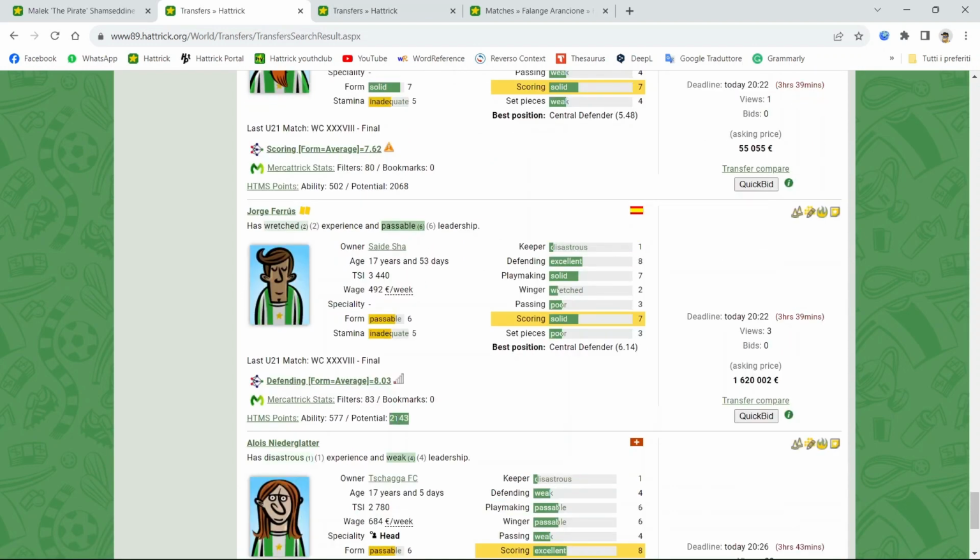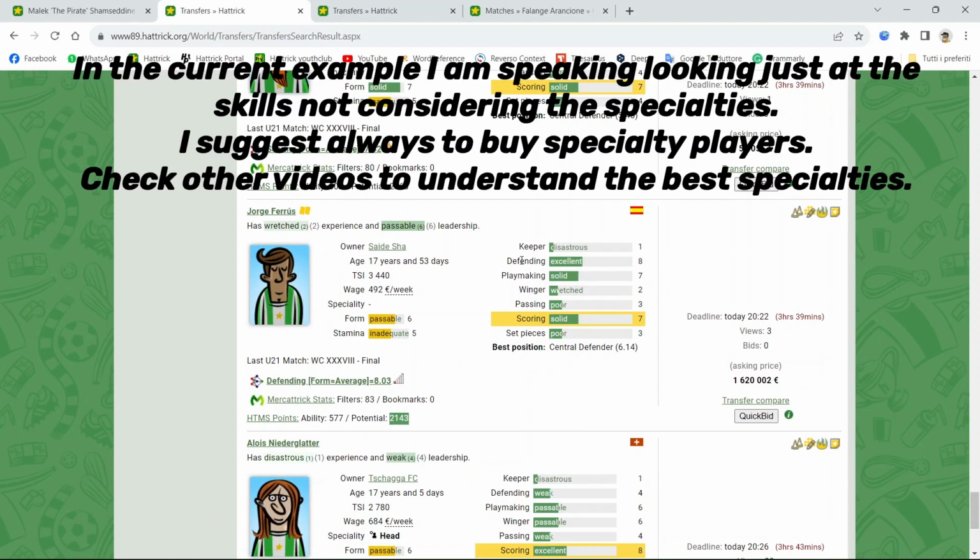This is a good potential, so he should be a good player. And he is a really good player, but to leverage all the potential, you need to train him not as a defender, not as a forward, but as an inner midfielder. In this way, in the long term, you will be able to push the playmaking skill, but you will already have a really nice defending skill for an inner midfielder, and the scoring level will also be good.